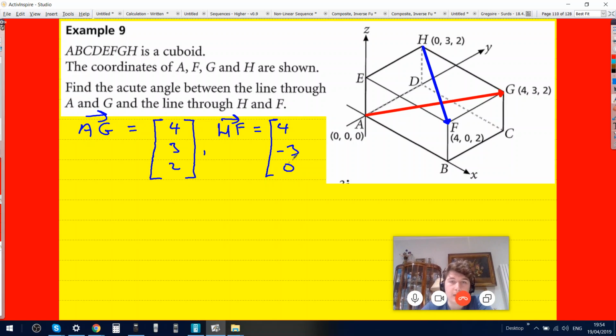So A dot B: 4 times 4 is 16, minus 9, and 0. So that's 7.